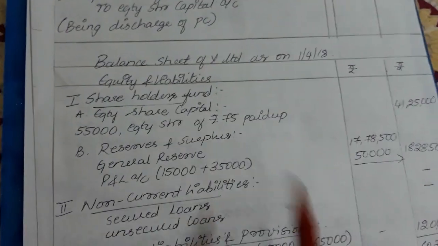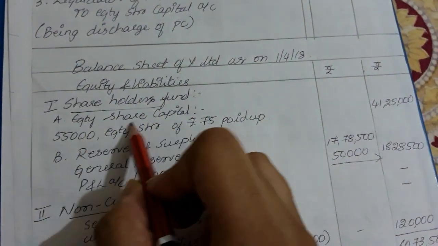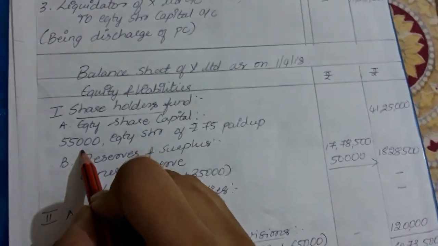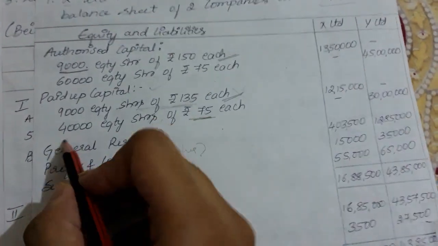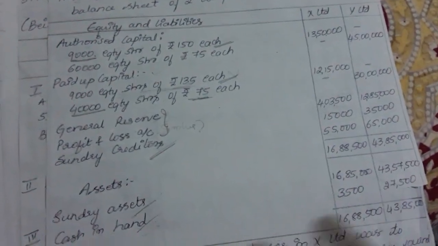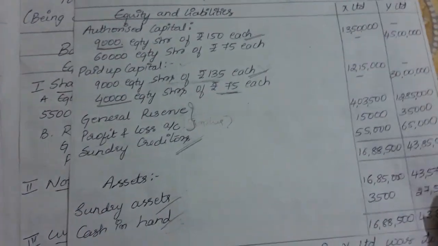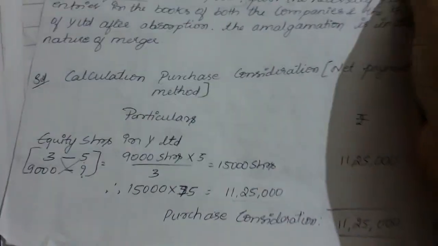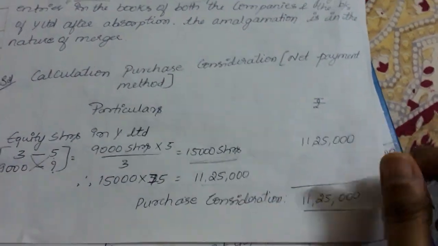So coming on to this, first is equity shareholders' fund, equity share capital. So how is this 55,000? In the old balance sheet we had for Y Limited 40,000. Also, for the payment of purchase consideration, we have given 15,000 shares, right? 15,000 shares has been given.